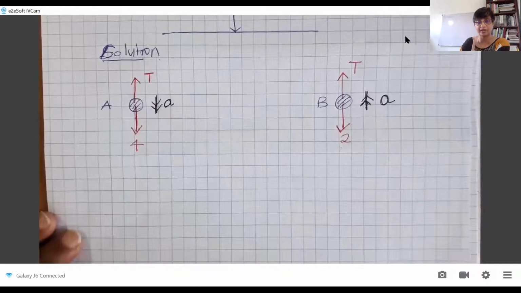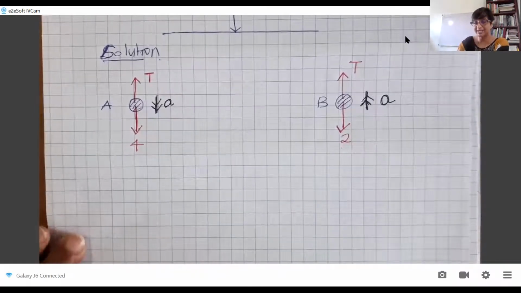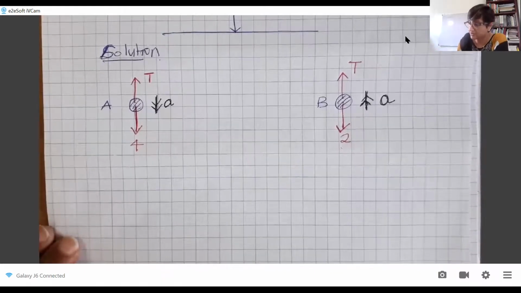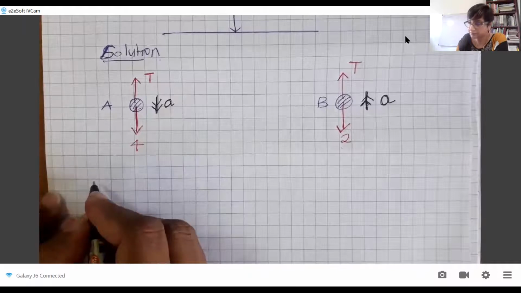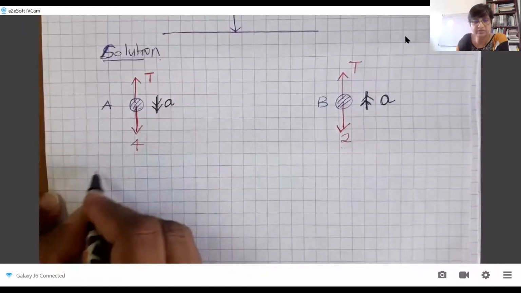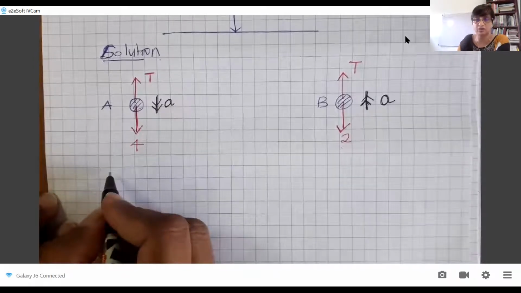Remember, F equals ma is a vector equation, which means it has to be applied in a certain direction. In what direction do we apply it? In the direction of motion. Down. For A, so I will write underneath it. If you are not doing it like this, you have to say to which particle you are applying it.